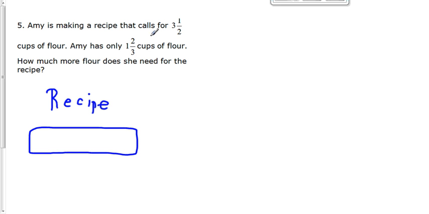In the story, the recipe calls for 3½ cups of flour. That's my total, so I'm always going to put my total up top. 3½. In the story, I do know what Amy has. And the question's wanting to know, what does she need?